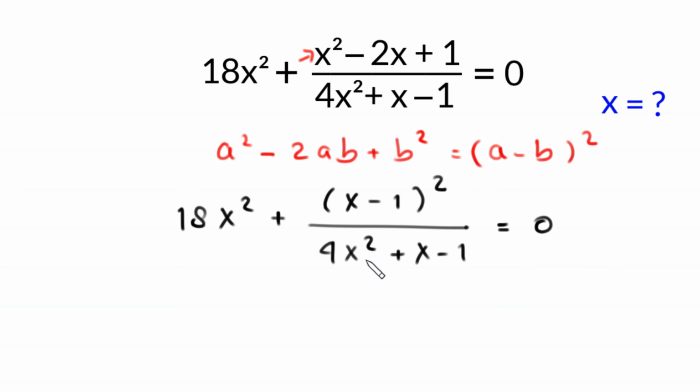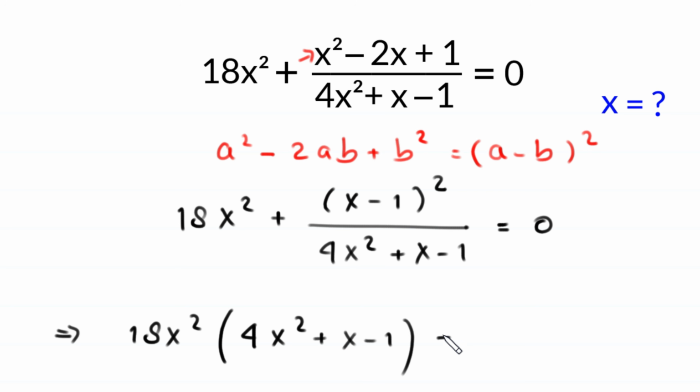If we multiply both sides by this denominator 4x squared plus x minus 1, this implies that 18x squared times 4x squared plus x minus 1, plus x minus 1 whole squared, equal to 0.